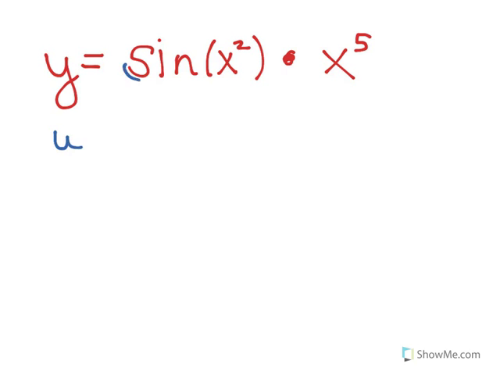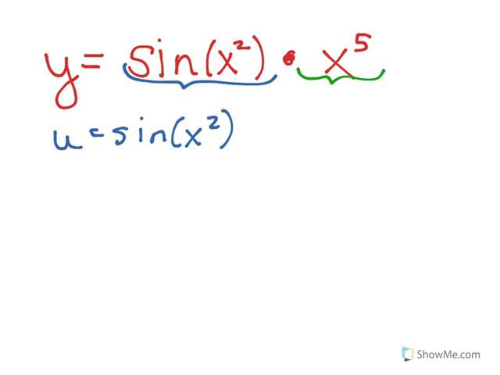Our u is going to be the sine of x squared term right here. And our v is going to be the other term. v is going to be equal to x to the fifth.